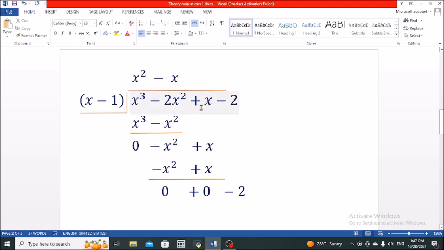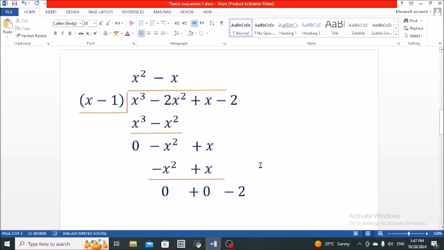Dropping minus x downwards we have minus x squared plus x. Dividing minus x squared by x, the result is minus x, and multiplying minus x by x minus 1, we obtain minus x squared plus x. So the result is 0, 0, and we drop the minus 2 here.